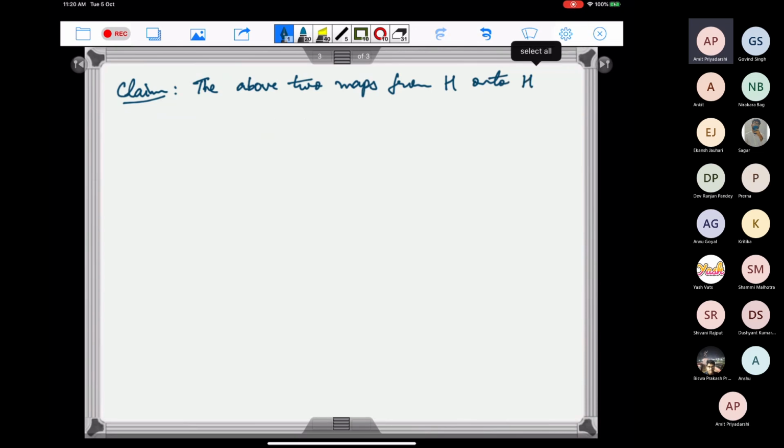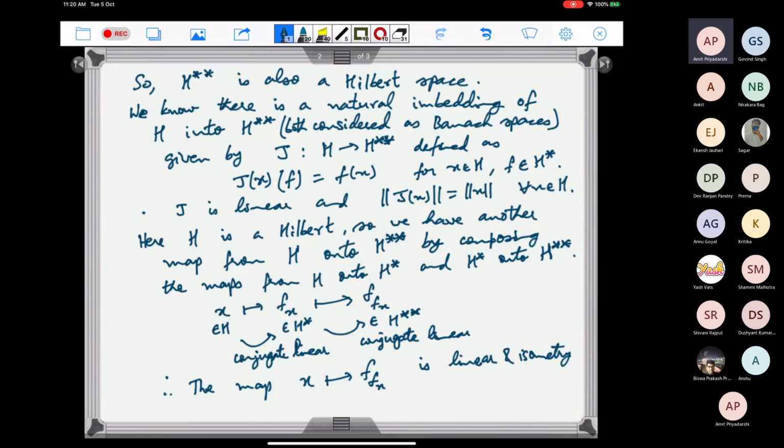So okay, the first map J, we did not know whether it is onto or not. Right? We defined a reflexive Banach space if this map is onto, but here we only know that this is from H to H double star. But the second map we know is onto also.